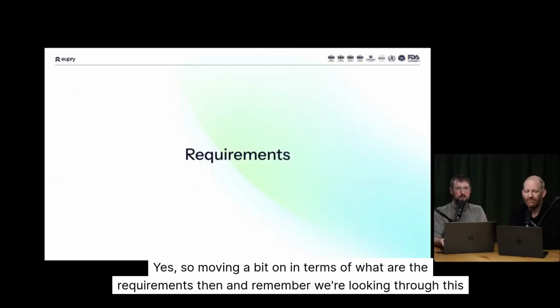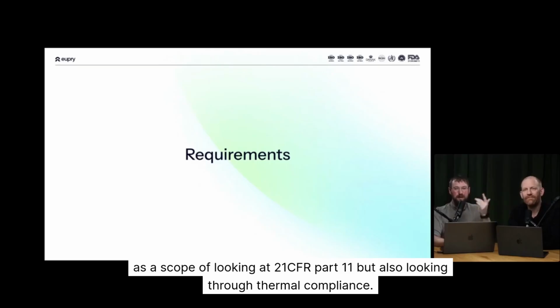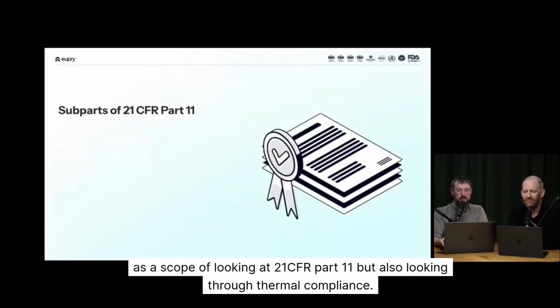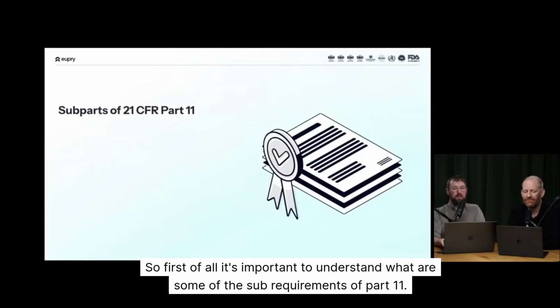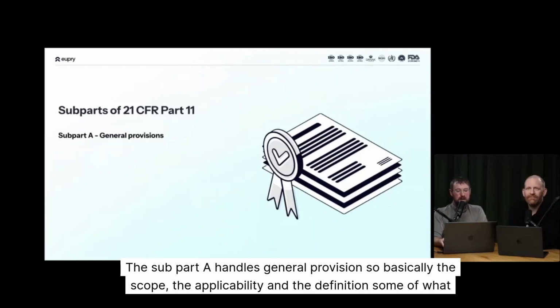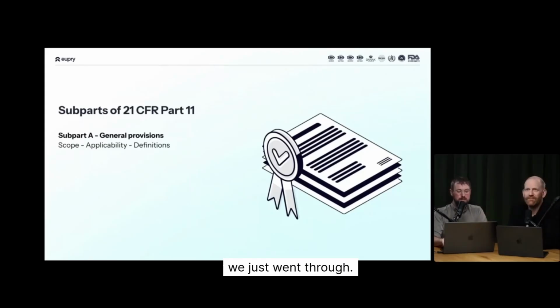Yes. So moving on to what the requirements are, and remember we're looking at this through the scope of 21 CFR Part 11, but also through thermal compliance. First of all, it's important to understand the sub-parts of Part 11. Subpart A handles general provisions, so basically the scope, the applicability, and the definitions, some of what we just went through.